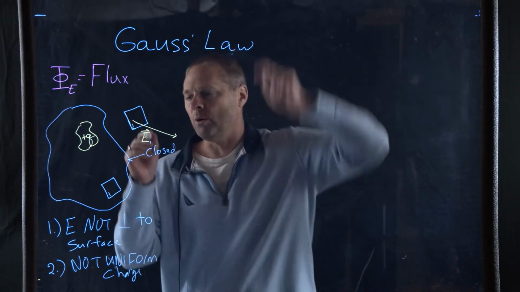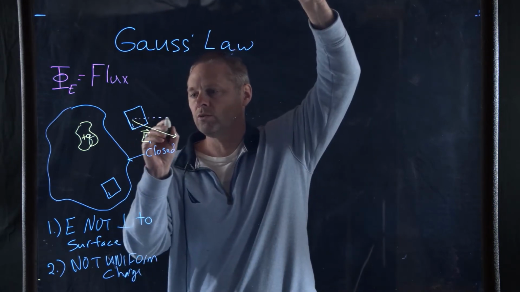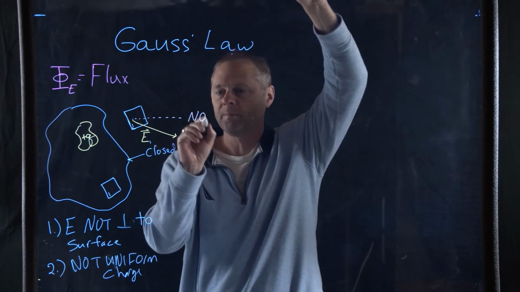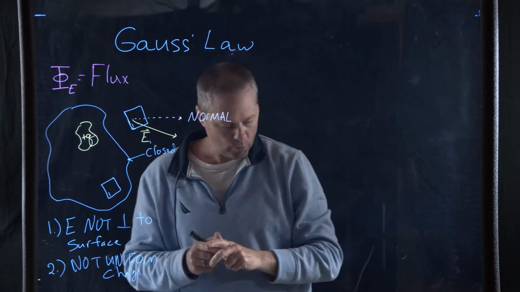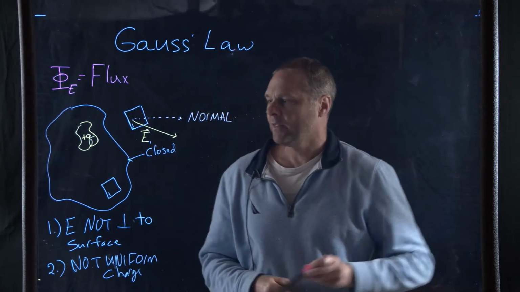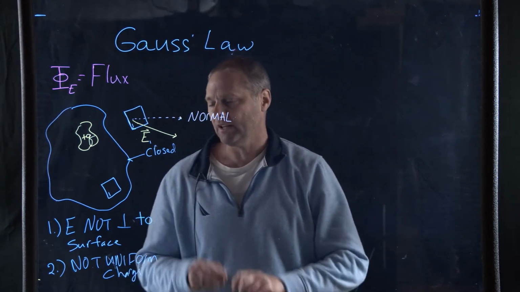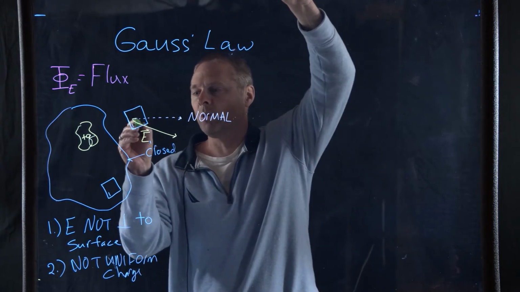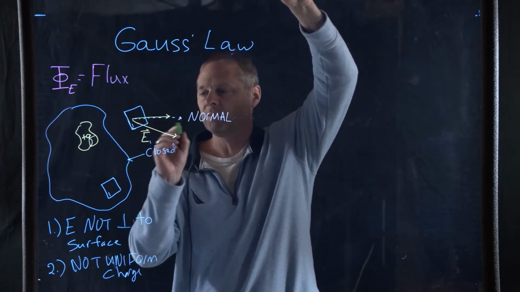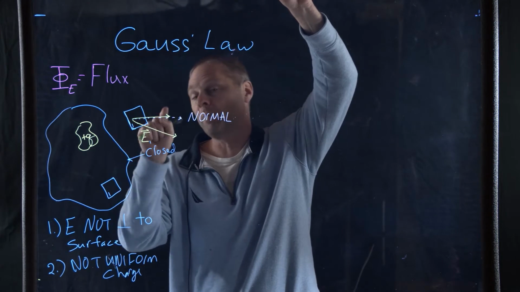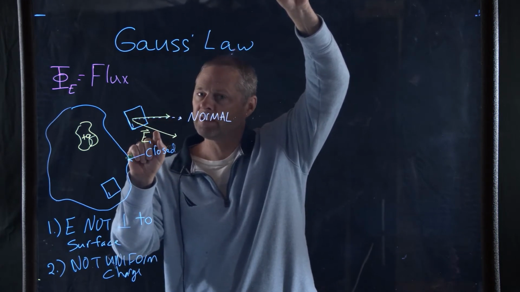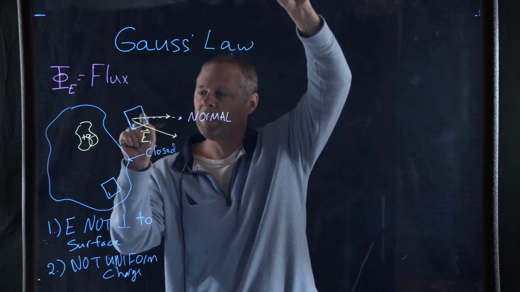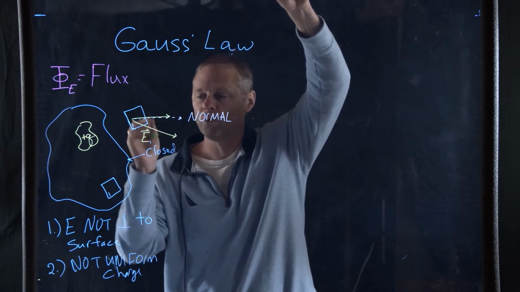Now, normal to that surface, that's our normal, we're going to select the portion of the electric field that is perpendicular to the surface, or parallel to the normal.